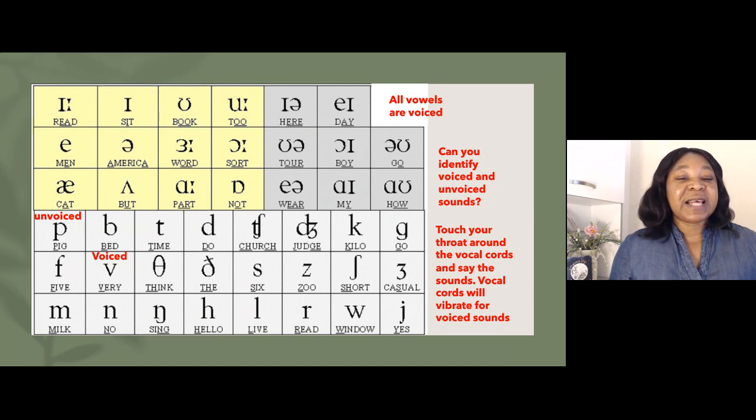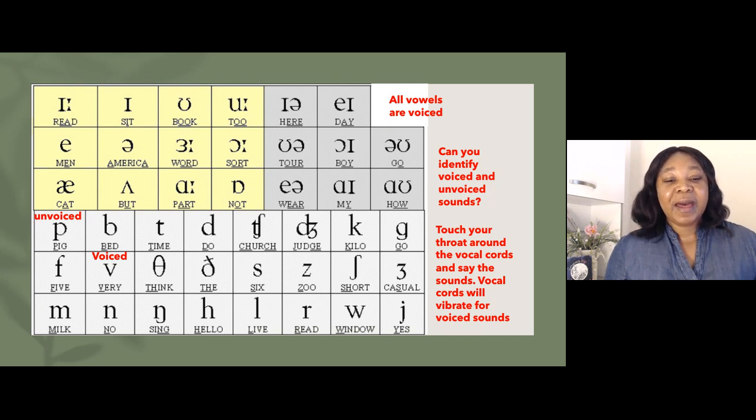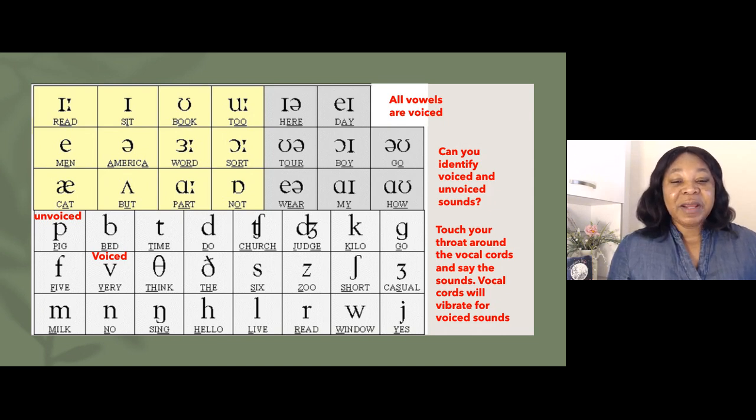It's usually written as an S, not a double S, one single S. Television, vision. Then milk, no, sing, to sing a song, hello, live, road, window, and yes.